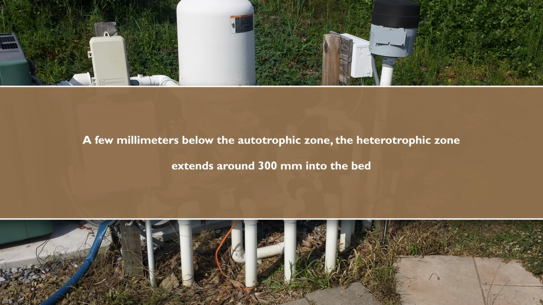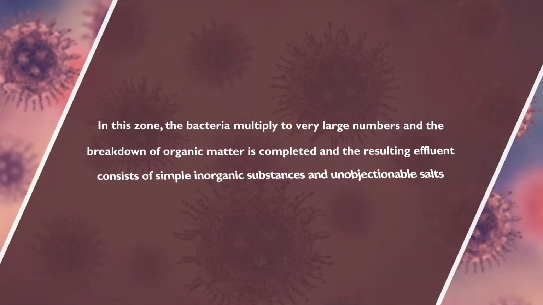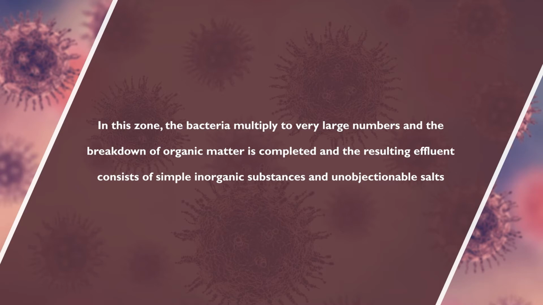A few millimeters below the autotrophic zone, the heterotrophic zone extends around 300 mm into the bed. In this zone, the bacteria multiply to very large numbers and the breakdown of organic matter is completed, and the resulting effluent consists of simple inorganic substances and unobjectionable salts.